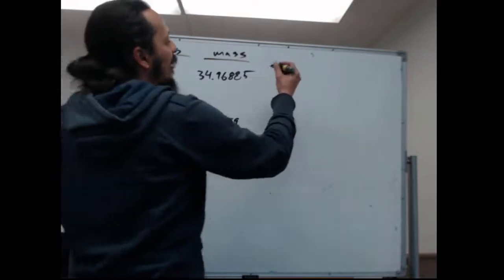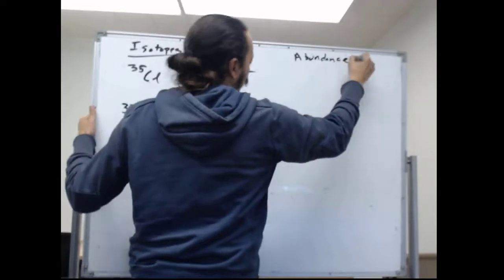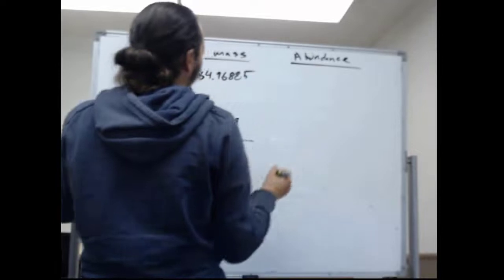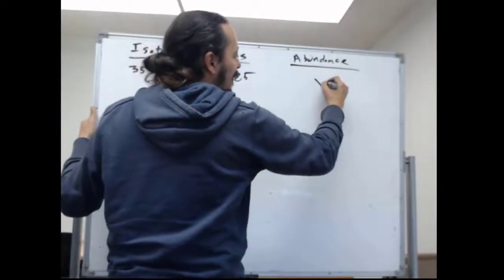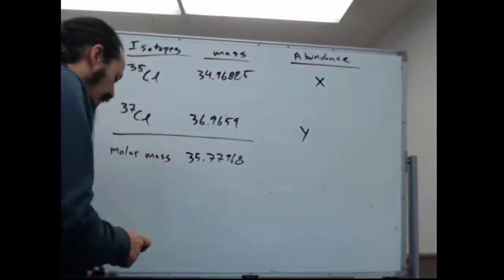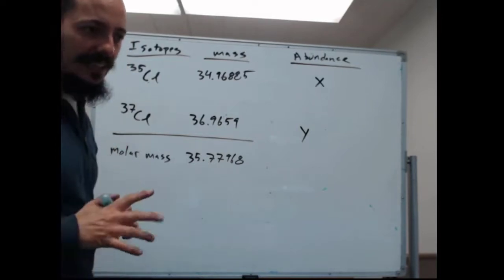So we need to take into account that we've got an abundance. This is also what the question is actually asking us to find. It's not going to be a perfect 50-50 mixture, so I'm going to say we've got some abundance X and some abundance Y. We always want to make sure we know what the question is asking for.